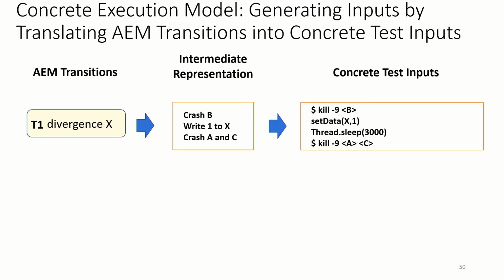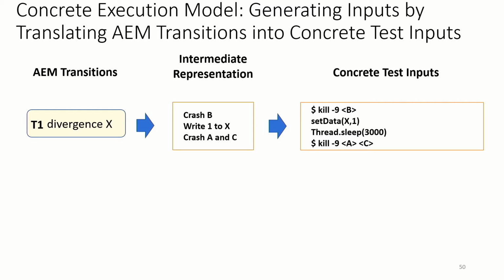So with this, we can perform path exploration, and path exploration produces a schedule, which is a sequence of divergence and convergence transitions. And concrete executor takes each schedule and get its transition and translates it into the more concrete test inputs.